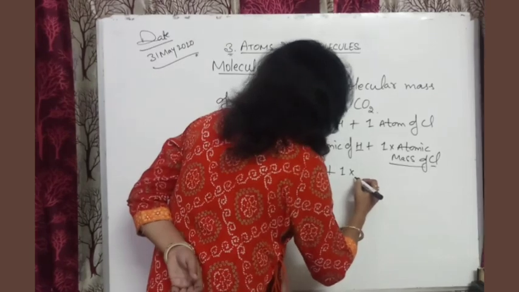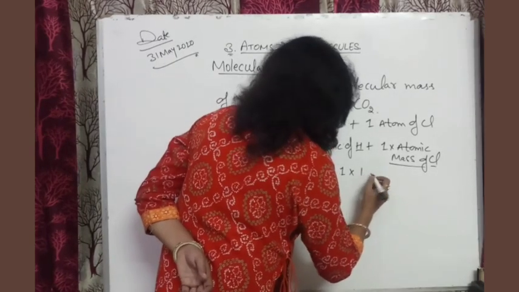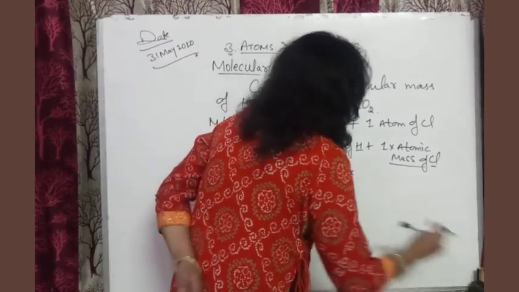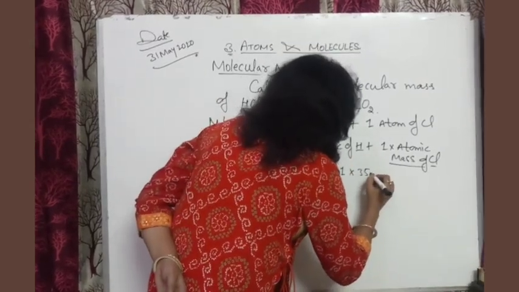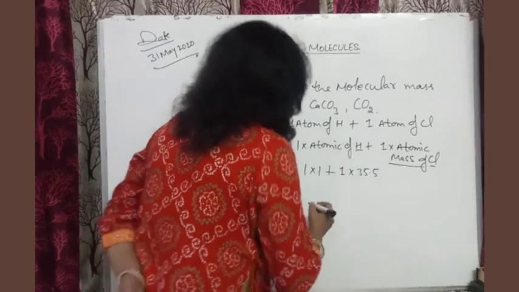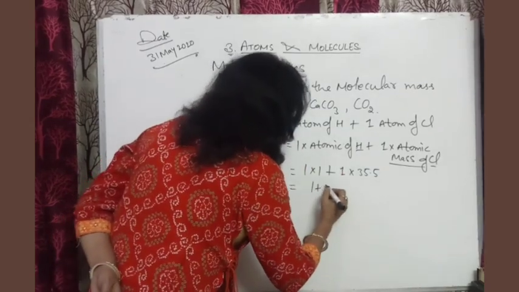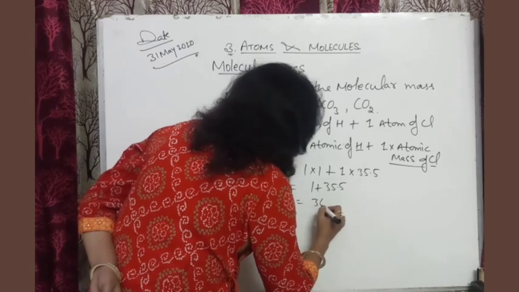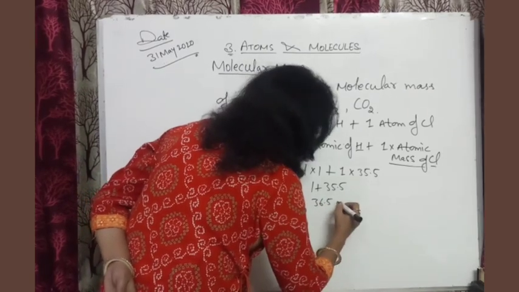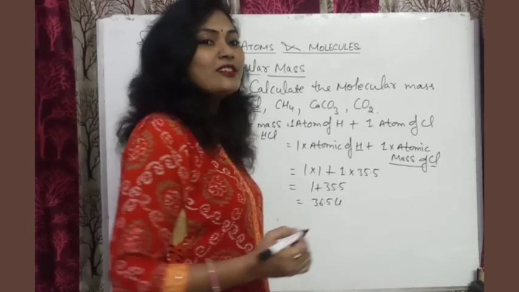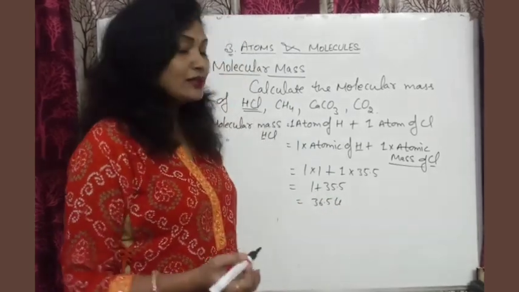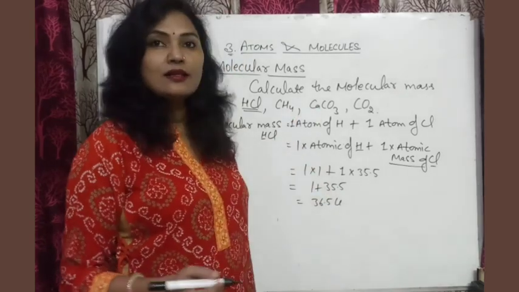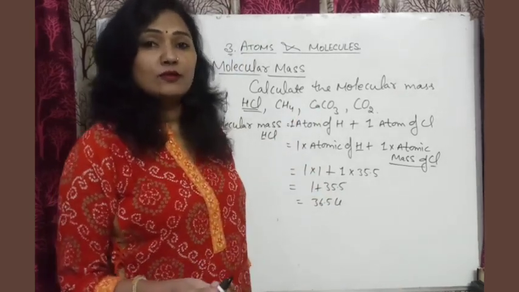So the answer is 1 plus 35.5, it is 36.5 U. That is the standard unit. Now you can calculate the others like CH4 also.